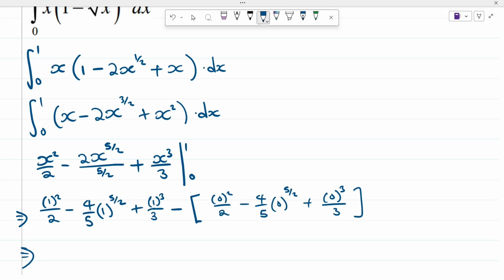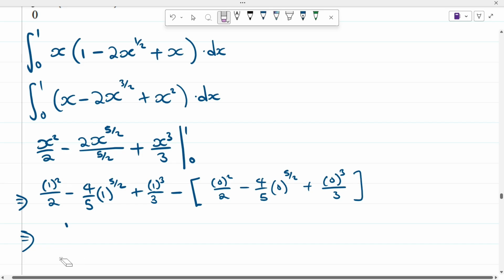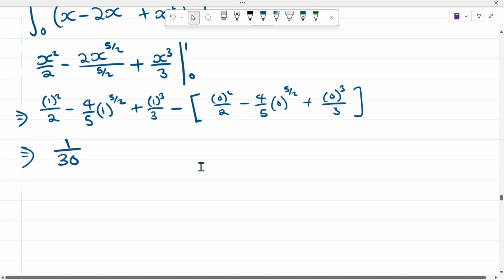Then this is going to be 0.5 minus 4 over 5 plus 1 over 3. Then I get my answer as 0.033, which is the same as 1 over 30.